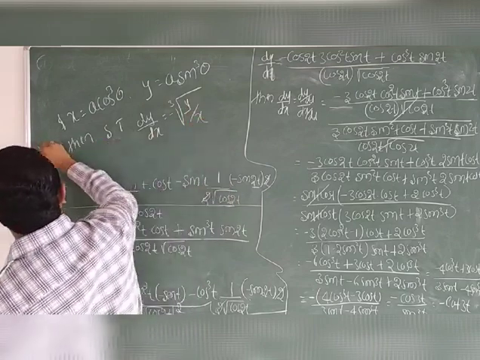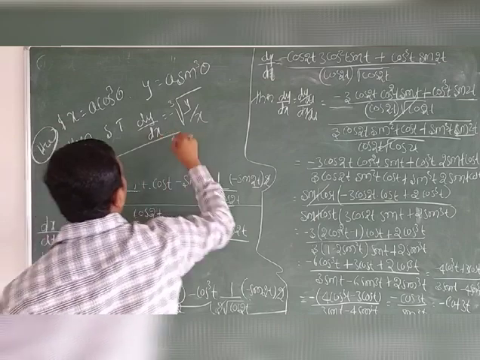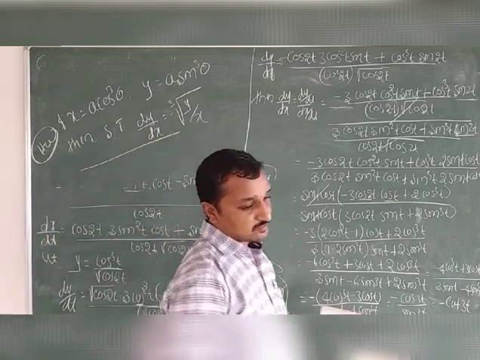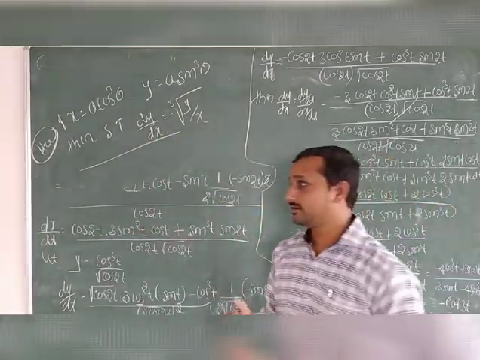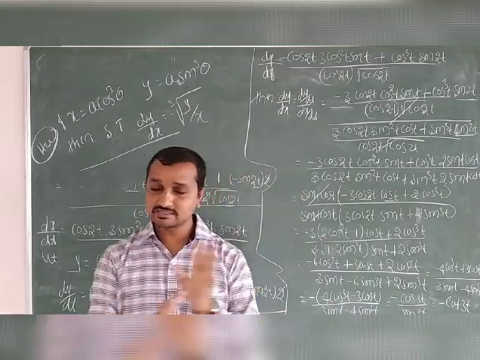Cube root of y by x. This is your one. So this is parametric form. The very important concept for 3 marks is over.